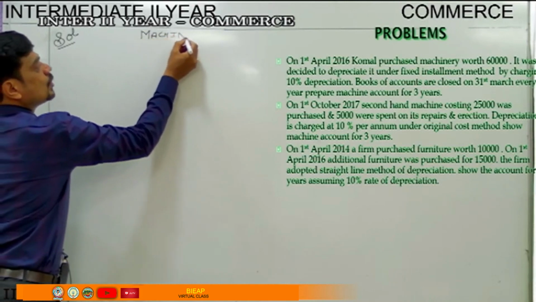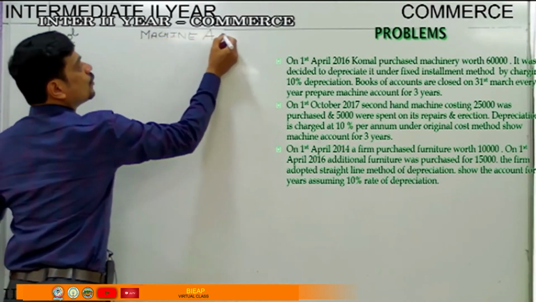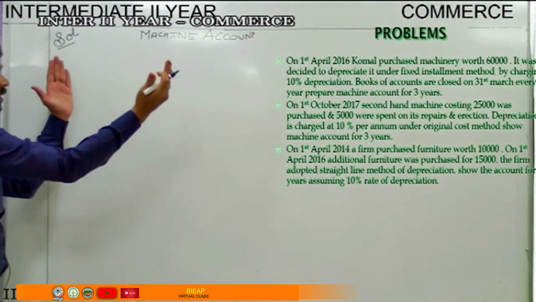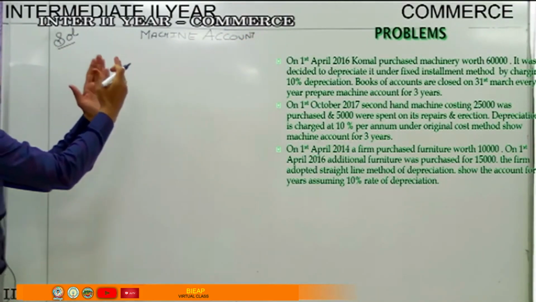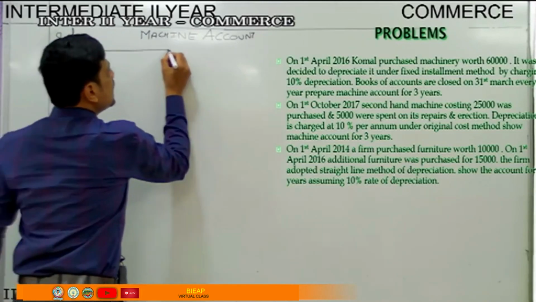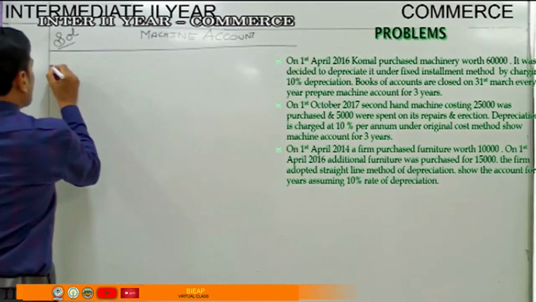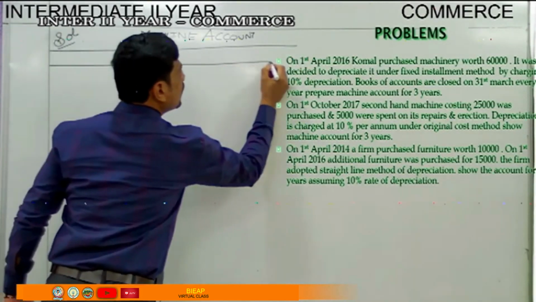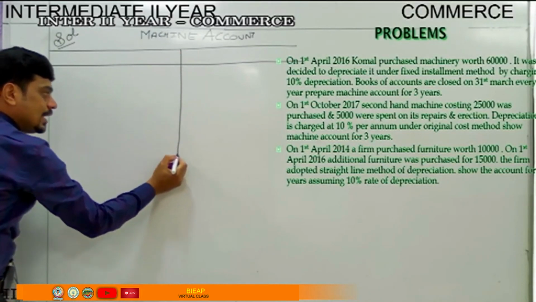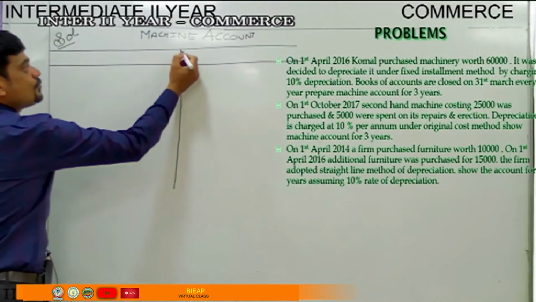Which account? Machine account. After that, fold the page so that it becomes two equal parts. Then keep the scale and draft the account properly. Keep the scale in the middle and draw a half page account.